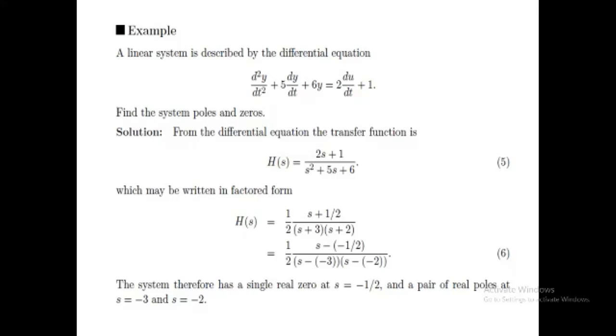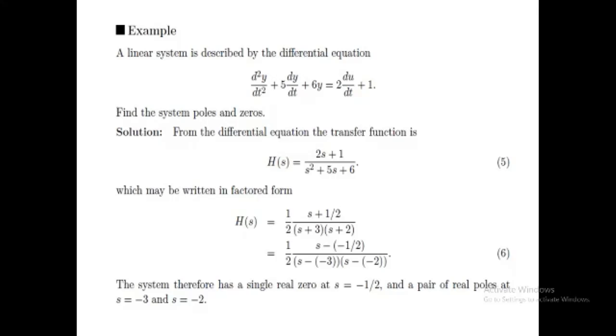So in the denominator we can write s square plus 5s plus 6. Now it is in the form of factorization, which may be written as H(s) equals 2s plus 1 upon s square plus 5s plus 6.